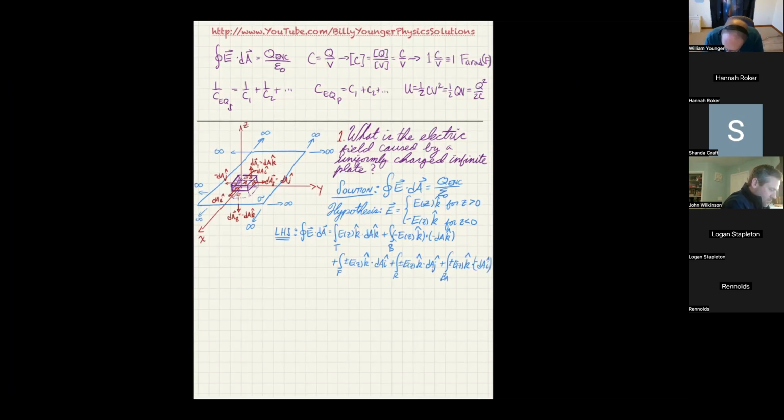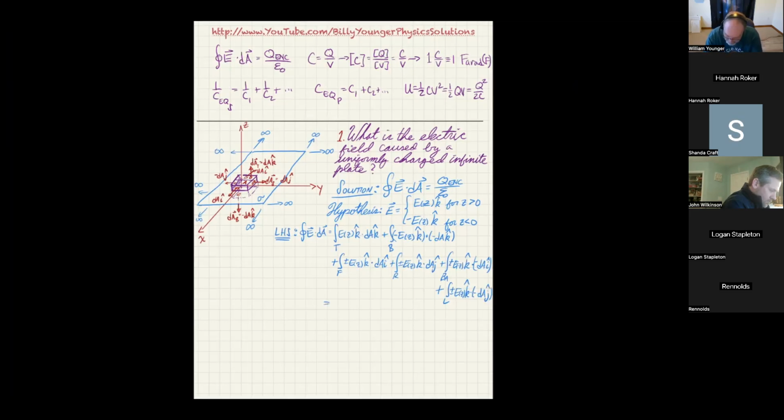And then finally, it's going to be plus the left face, which would be plus or minus E of z k hat dotted with negative dA j hat. Okay, so that's like the whole darn thing.